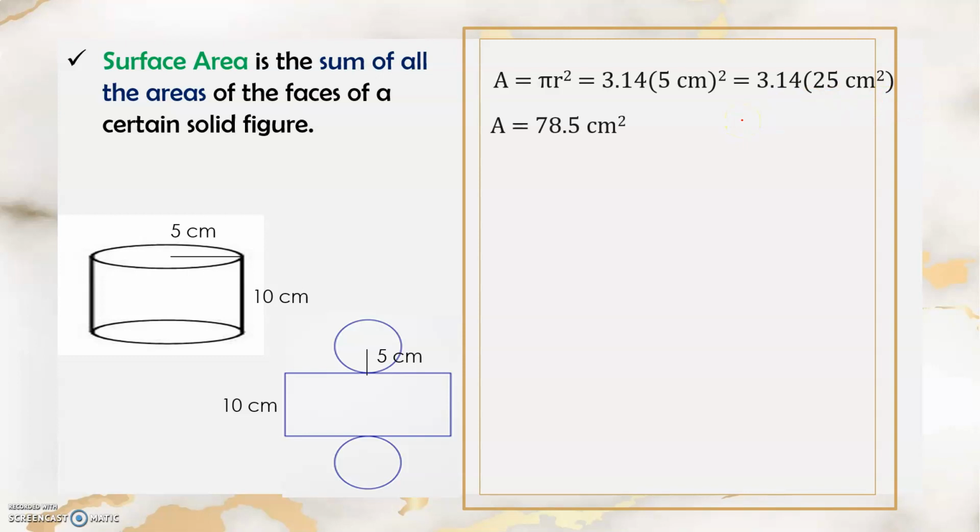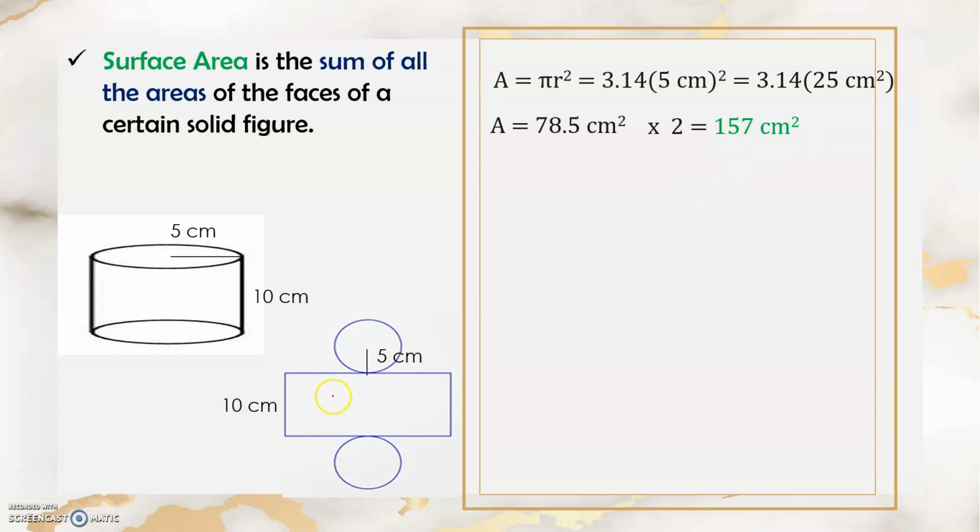Multiplied by 3.14 will give us 78.5 square centimeters. Again, this is the area of this one circular base here. But since these two bases are congruent to one another, we can simply multiply the area of one circular base by 2 to get the area of the two circular bases, which is now equal to 157 square centimeters.